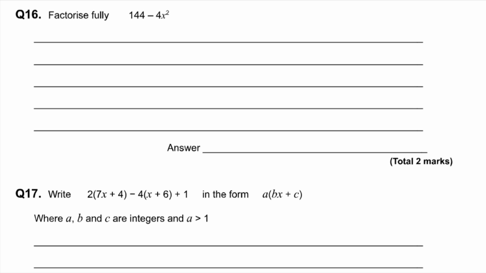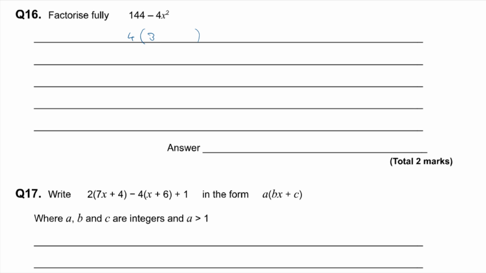Question 16, factorise fully 144 minus 4x squared. Now again, I'm going to factorise out 4 first, make it a whole lot easier then to do the difference of squares part. So 4's into 144, what's that then? 40, 80, 120, so 30 and 24 divided by 4 is 6, so 36.